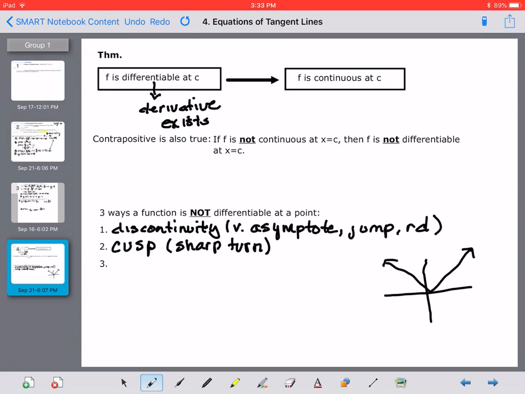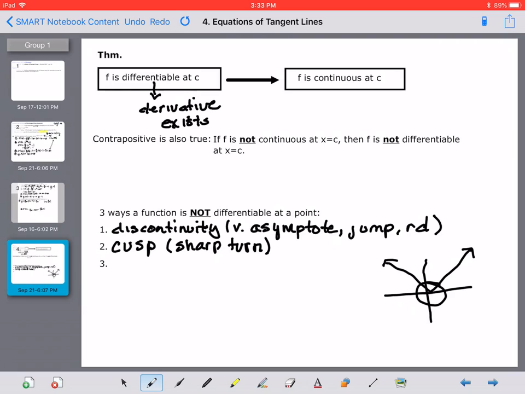At that cusp point, right there, our derivative would fail to exist. It's not a curve. If we look directly to the left of that and directly to the right of that, we get conflicting slopes. One's going to be positive, one's going to be negative. That's terrible. We don't want that. So we don't have a curve, we don't have a derivative.